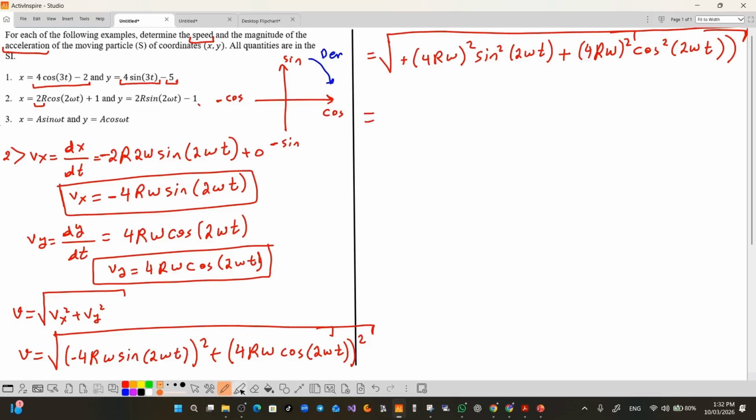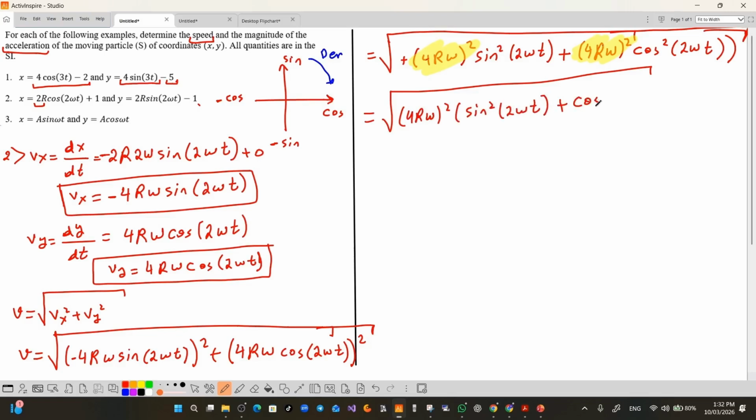Which is equal, now we can take the 4r omega squared as a common factor. What is left behind will be the sine squared 2 omega t plus the cosine squared 2 omega t. Now we know this equals 1, and this is just a typo, we don't need the square, we already implemented the square here and there.